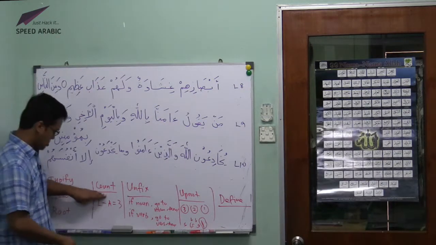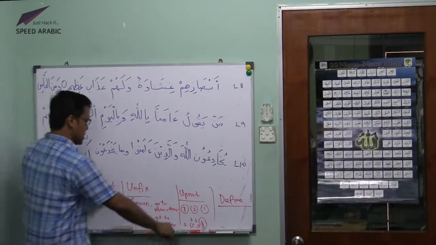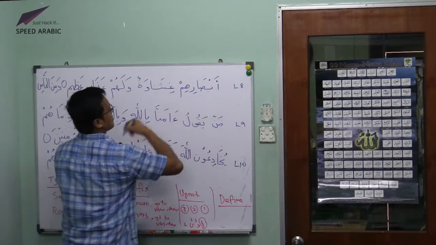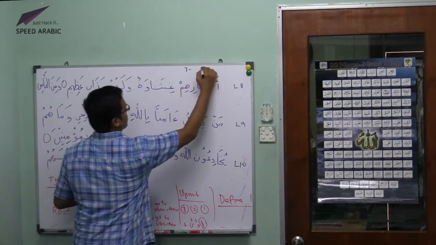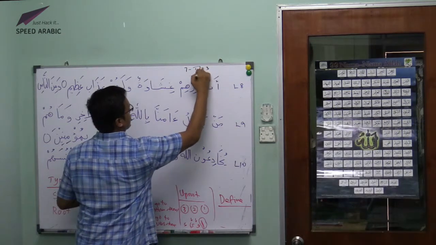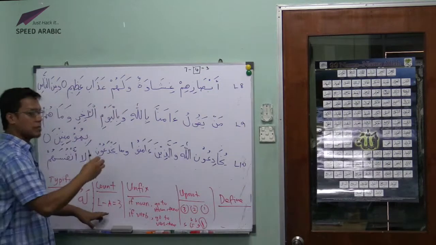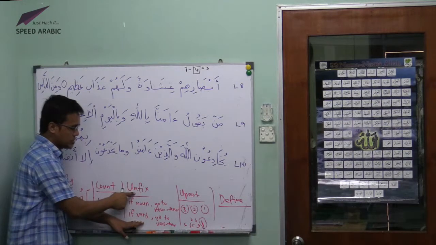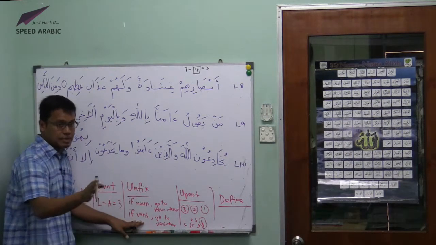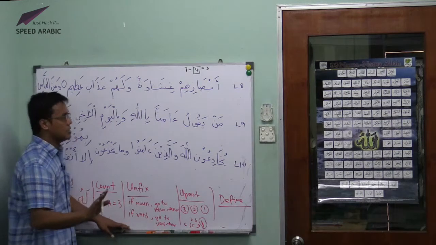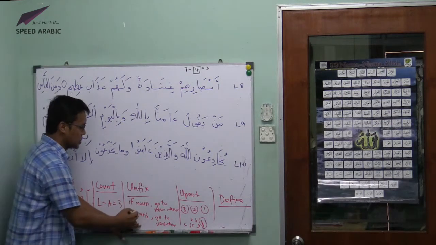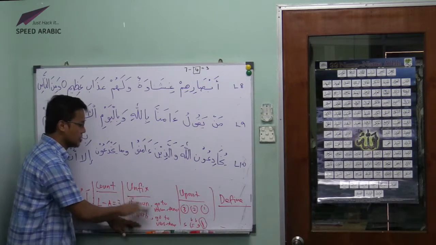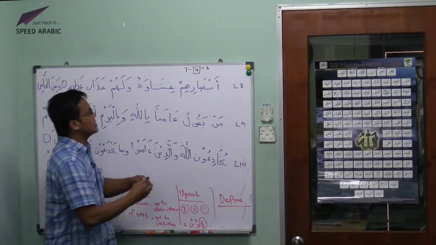Step 2, count, right? So how many is it? 7. That means there are 4 affixes to be taken out. When you unfix, the easiest way is you look at the back.